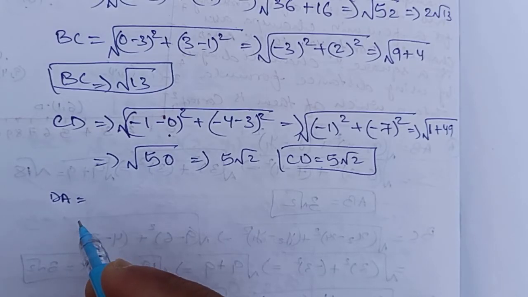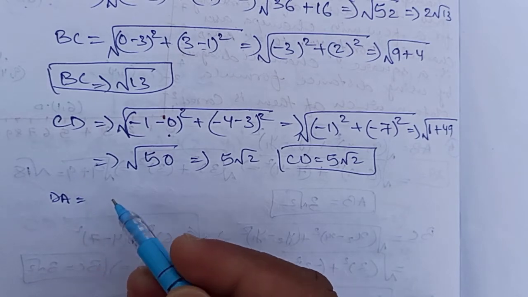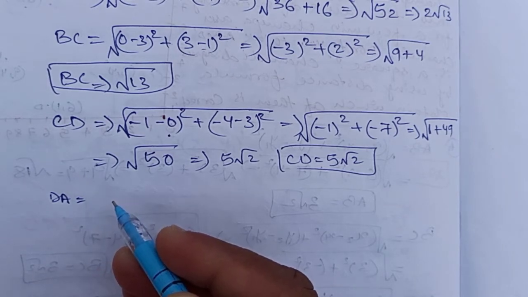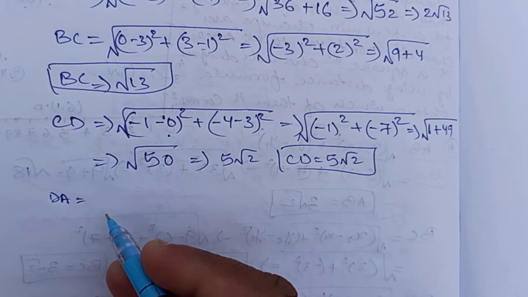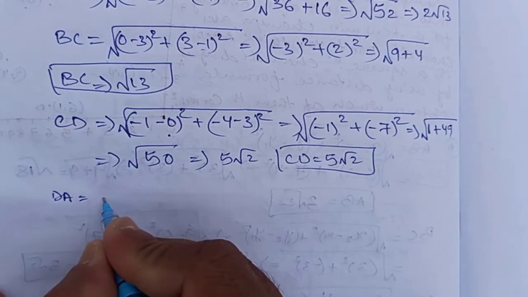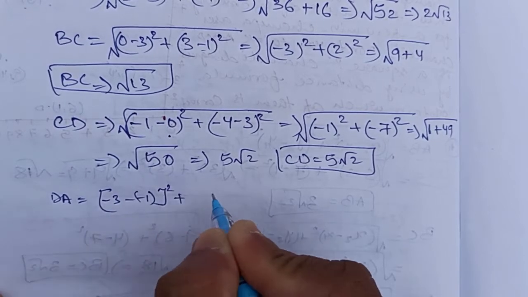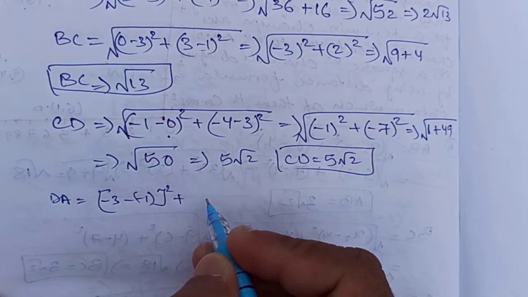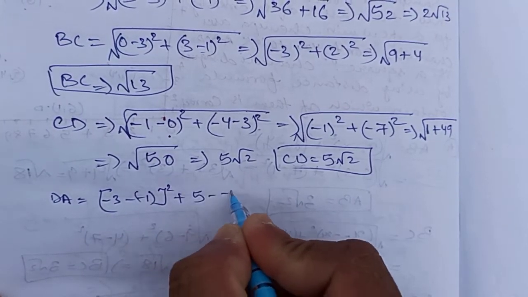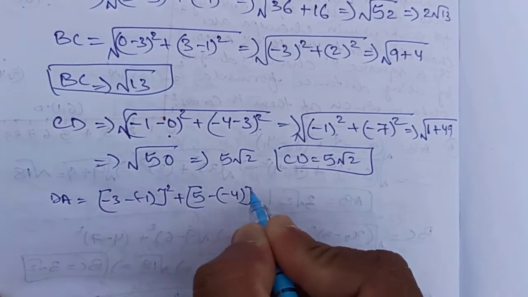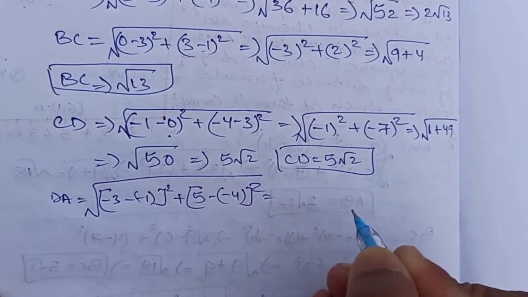Now the distance between DA. Okay, so we will use the same distance formula. x2 minus x1 will be minus 3 minus minus 1 whole square plus 5 minus minus 4 whole square, root. Okay.